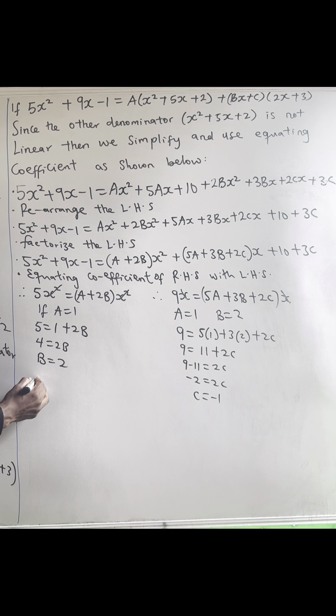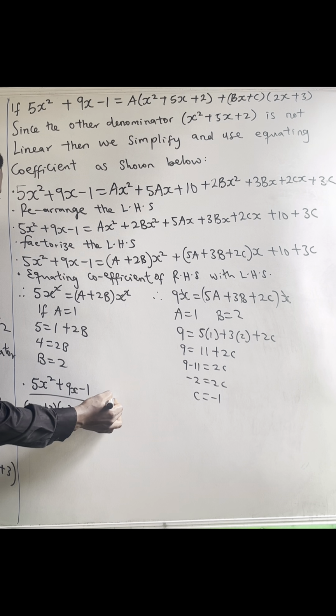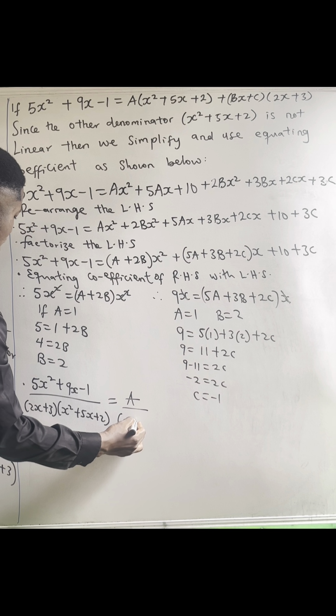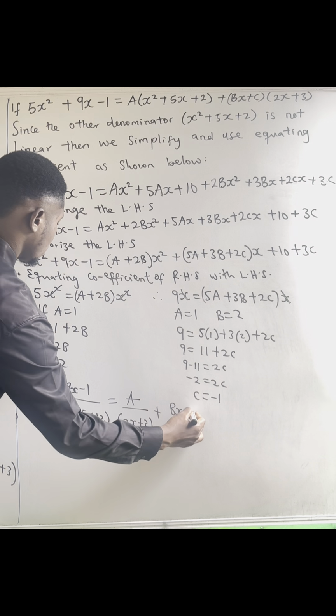x squared plus 5x plus 2 was equals to a over 2x plus 3 plus bx plus c over x squared plus 5x plus 2. From the beginning of the question, this single fraction was equivalent to this partial fraction.